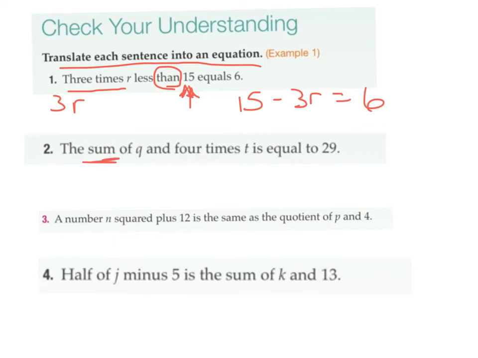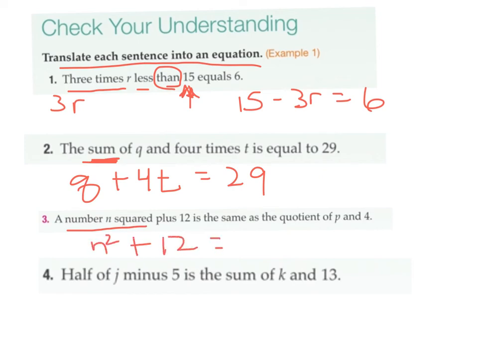Sum means add. So we have q plus 4 times a letter T is 29. So you have to know these words that mean adding, subtracting, multiplying. So less means subtraction, sum means add. So we have a number squared plus 12 is the same as the quotient.